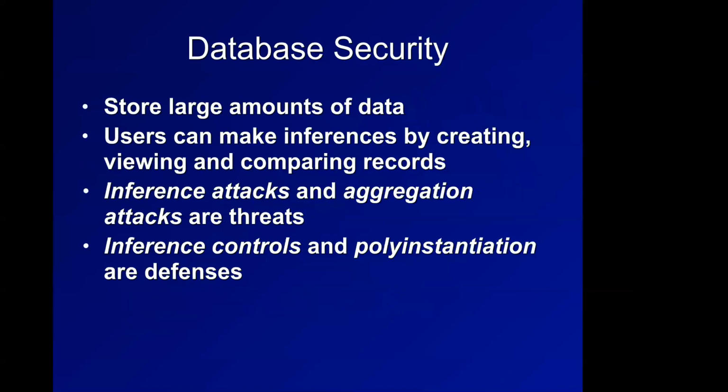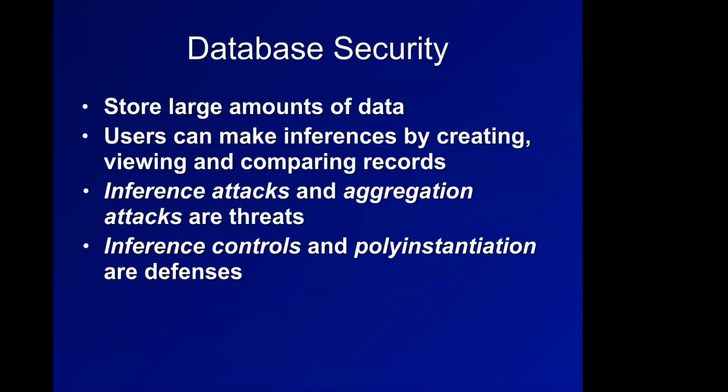So databases are where you store large amounts of data like customer credit card numbers and everything. And there are a series of database attacks. One of them is inference and aggregation attacks. These are threats that happen. I think inference attacks are where you deduce what's there from what's missing. For example, if you have a list of telephone numbers, and remember I talked last time about how people used to use Centrex and there was one number that was used to control the router.